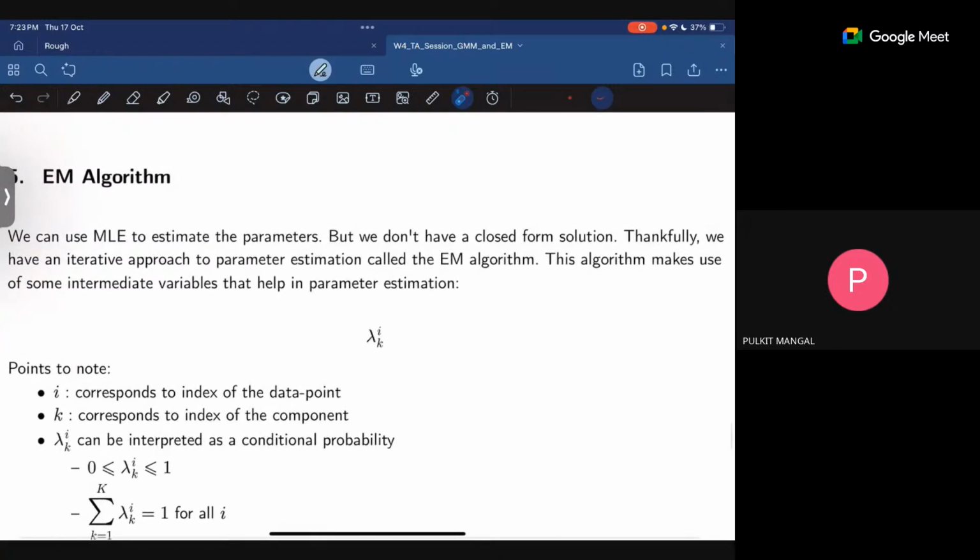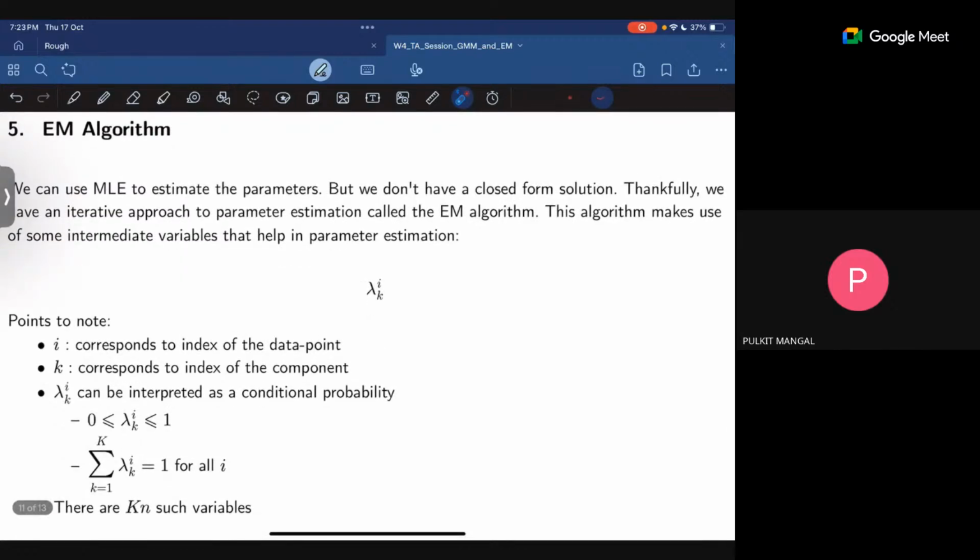So we will now formally move towards the EM algorithm part. The algorithm we will use to estimate the parameters for our Gaussian mixture model. So we will use this EM algorithm.